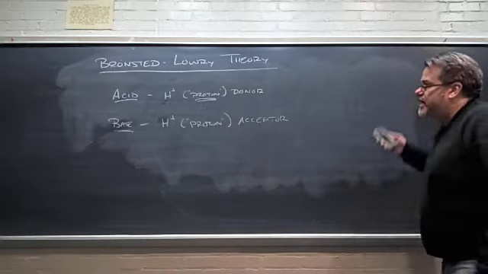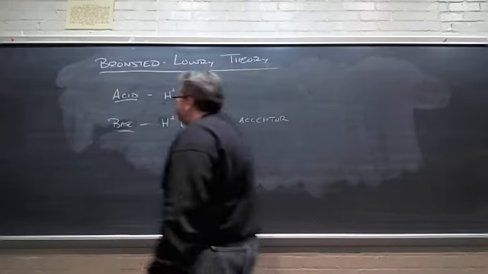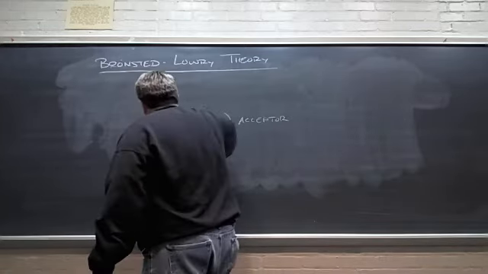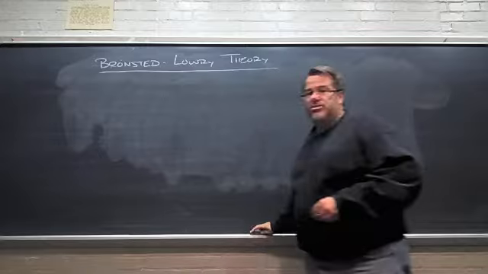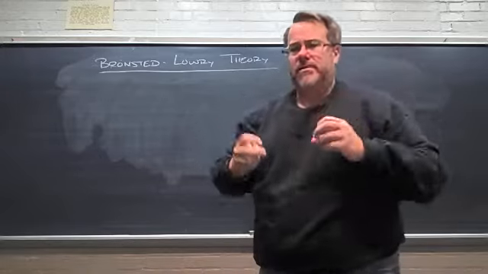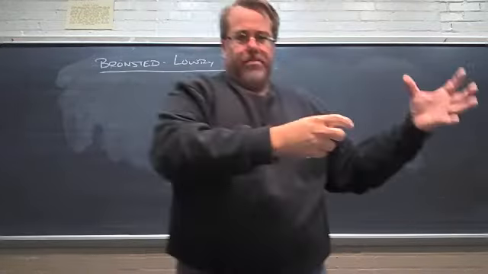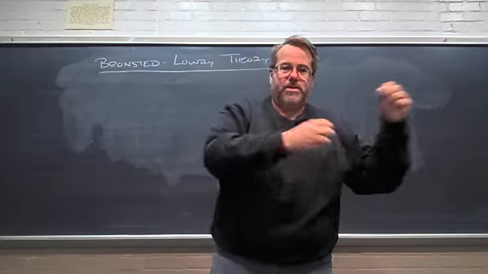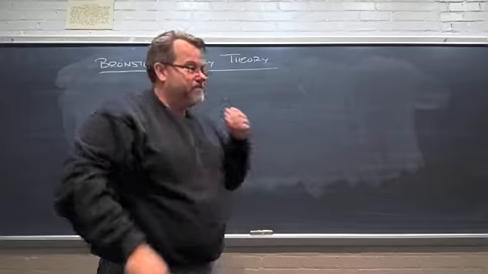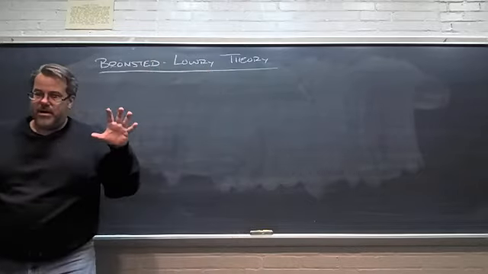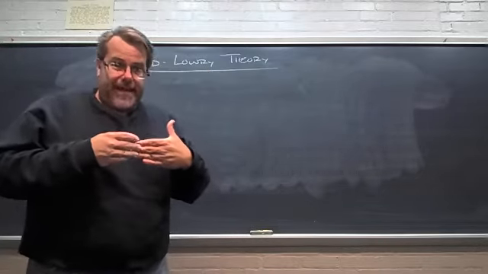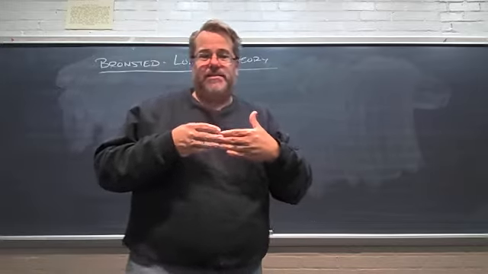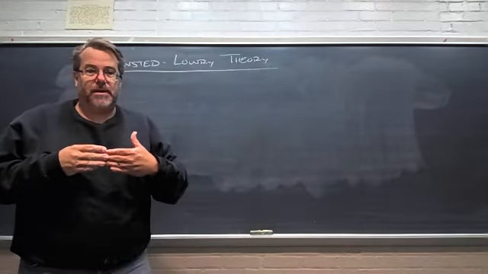When we talked about the Arrhenius theory, you could describe an acid all by itself, because you put the acid in water, it breaks apart to give hydrogen ions. You can describe a base all by itself, you put it in water, it breaks apart to give hydroxide ions, right? So you don't really need an interaction between an acid and a base to define an acid and a base in the Arrhenius model.